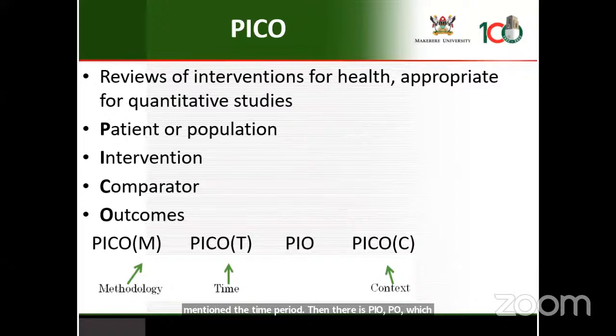Some reviews, you have nothing to compare. Some reviews, you may have 3-4 drugs to compare, 2 drugs to compare, but some you don't have any comparisons. So in that case, we can use the PIO. And then the PICOC can be used with context, or sometimes this one is used as PIC with a small o. So there are very many mnemonics out there.